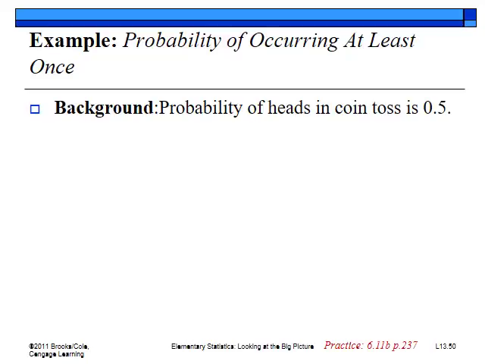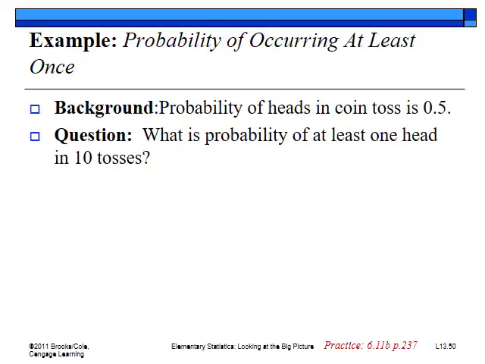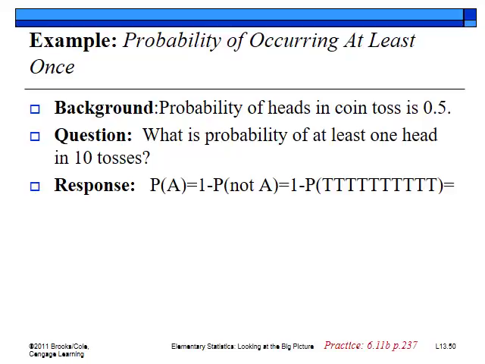So the probability of heads is 1/2. Let's bump it up to 10 tosses. What is the probability that we get at least 1 head in 10 tosses? Well, the opposite of at least 1 is less than 1. And since we're counting in whole numbers, less than 1 means 0. So the probability of getting at least 1 head, that's P of A, where A is the number of heads is greater than or equal to 1.